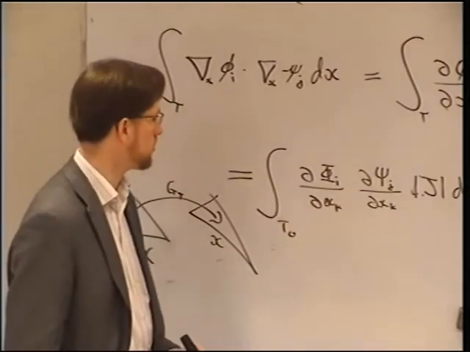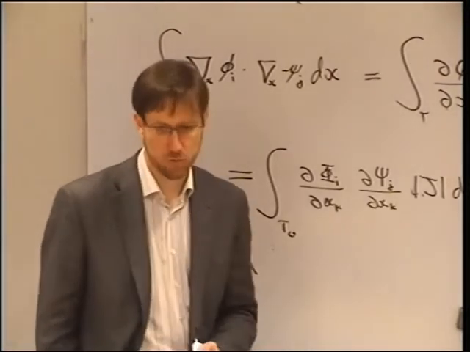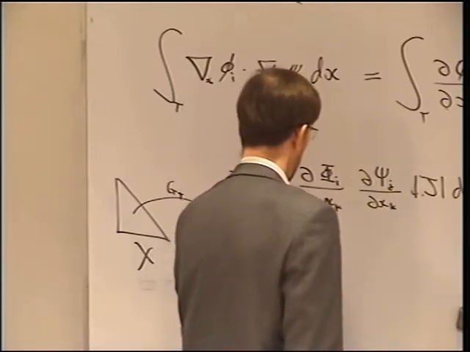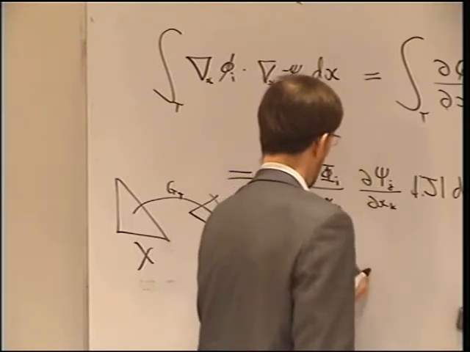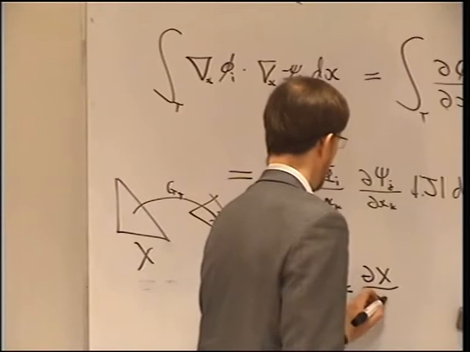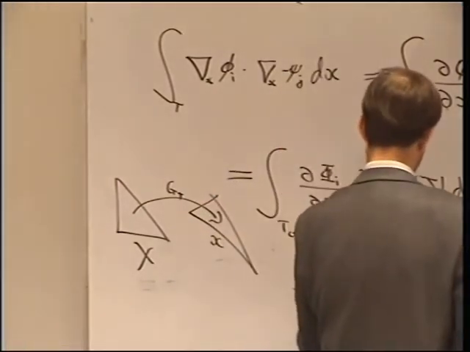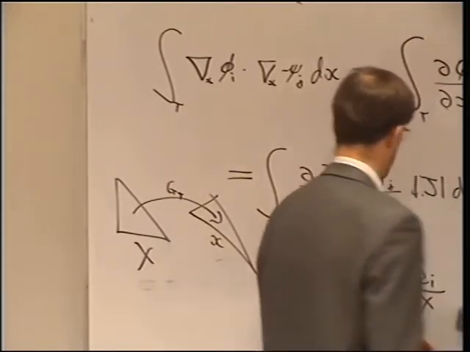So let's just go back and pretend that we're in one dimension again, and we can apply the chain rule. So the chain rule would say that d phi I dx is equal to d phi I d big X times d big X d little x, right?